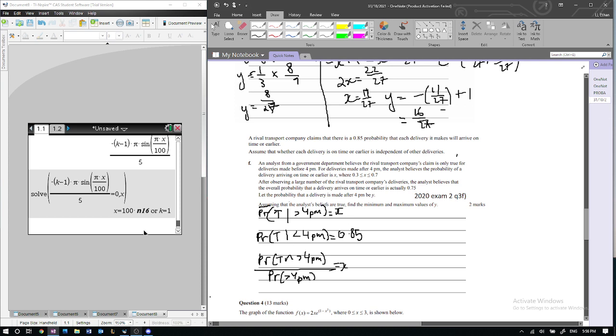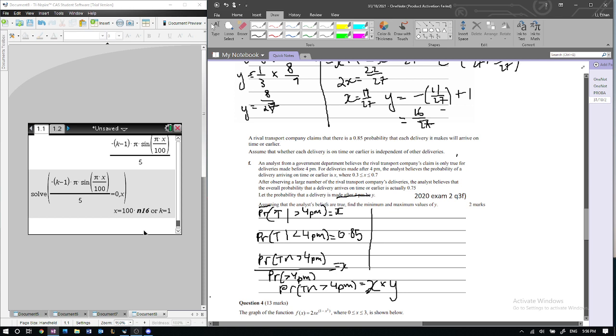And it says here that the probability that the delivery is made after 4 p.m. is y. So we can say that P(T and after 4 p.m.) is equal to x times y. So there's the first equation.